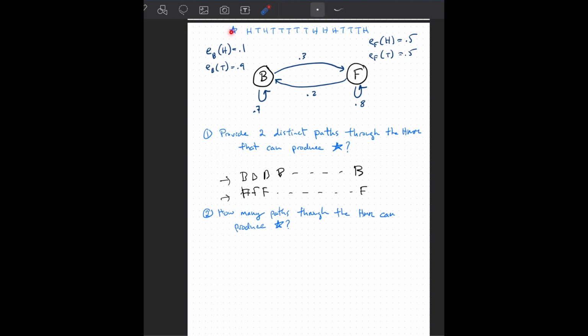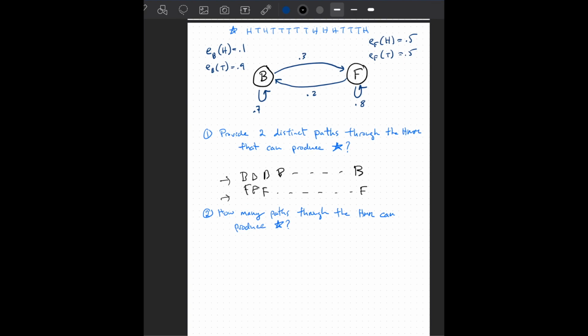I would guess that because we have so many heads, 1, 2, 3, 4, 5, 6, and heads is such a low probability over here, it's more likely that she used the fair coin the whole way than that she used the biased coin the whole way. Hope you're with me there.